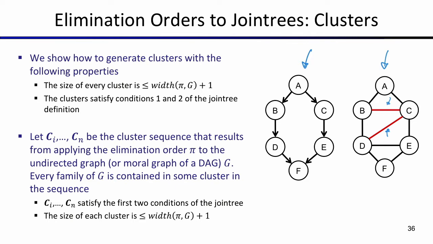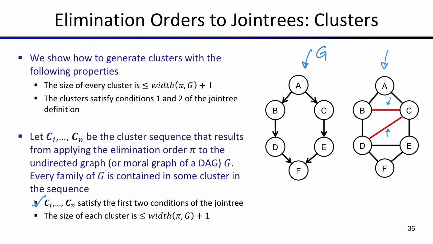One important thing about the clusters is that they have two properties that are important. The first one is that they satisfy the first two conditions of the join tree. Just remember that the first condition of the join tree is that the cluster Ci is a set of the nodes in G. So this guy here is G, and we want the clusters that we generate to be sets of nodes from the original graph.